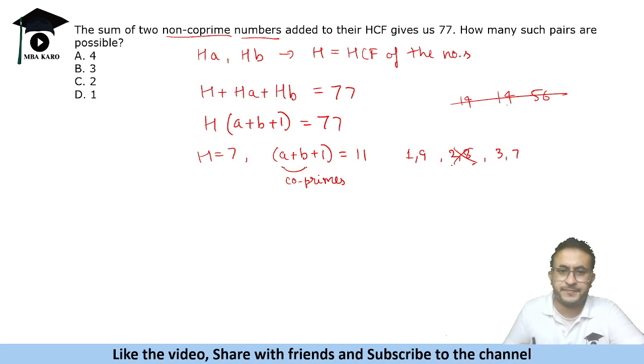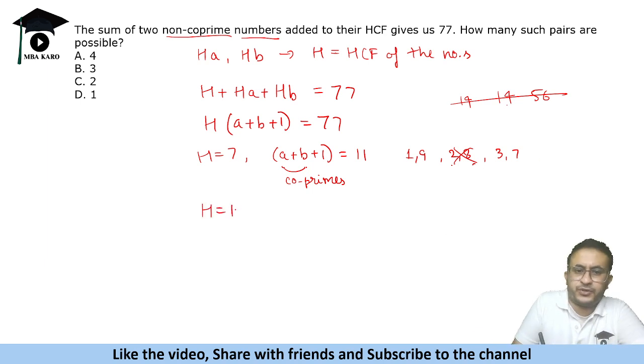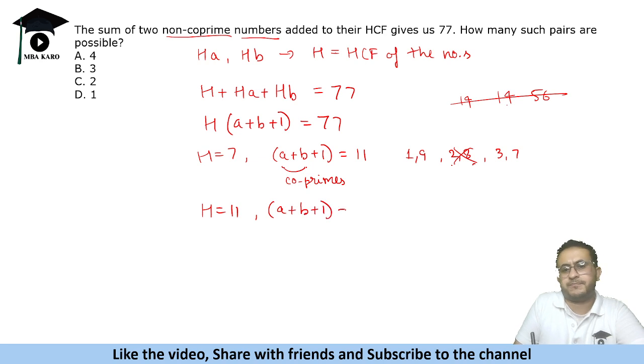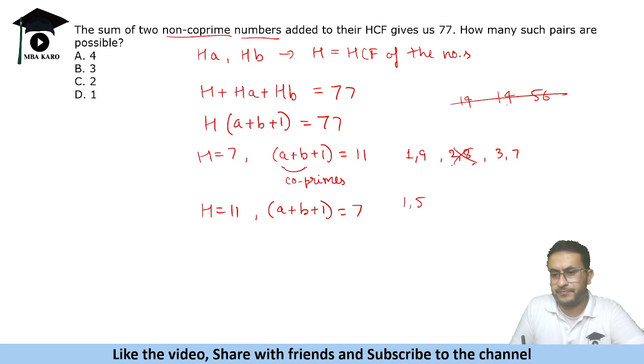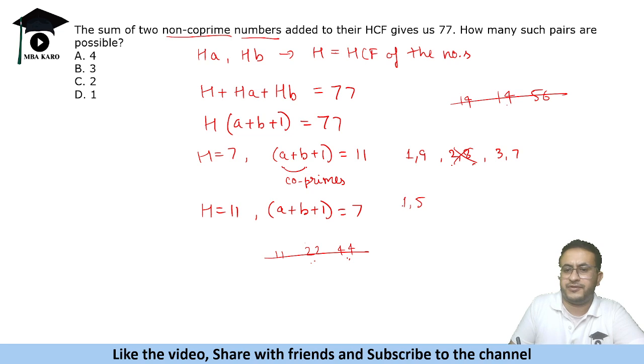So two pairs here. If we take H is equal to 11, that means A plus B plus 1 is 7. So A plus B is 6. So we will get 1 and 5. And that is the only pair. We cannot take 2 and 4, because if you take 2 and 4, then it will become 22 and 44, and the HCF is not 11. So we will have only one pair here and two pairs here.